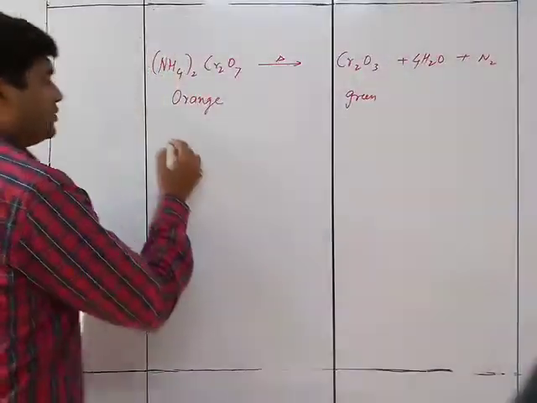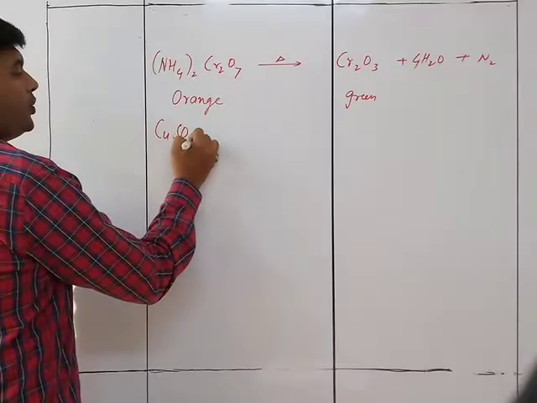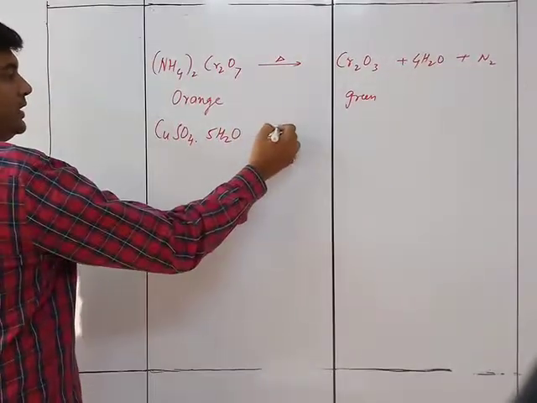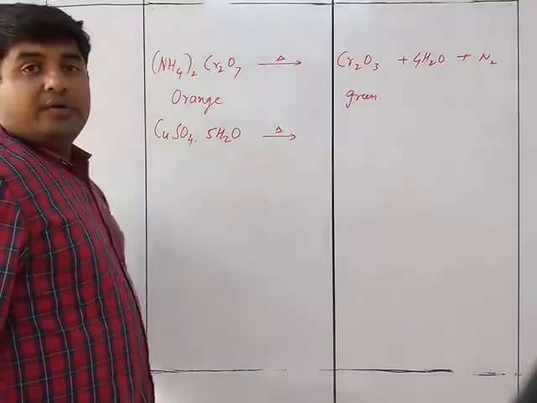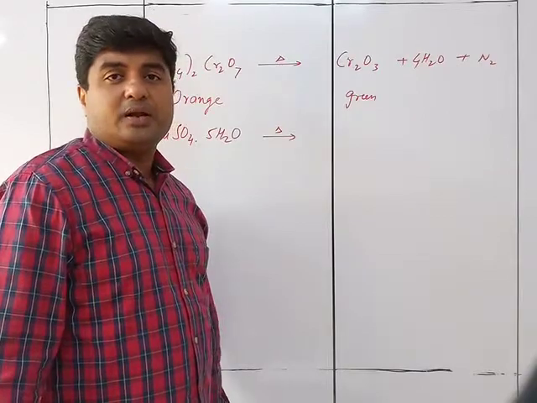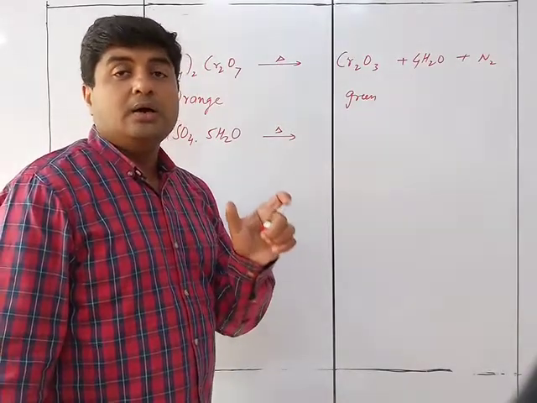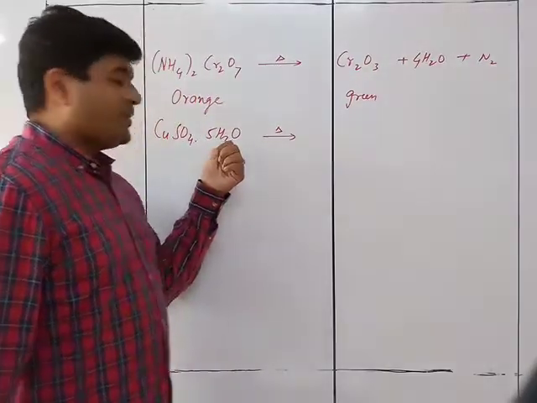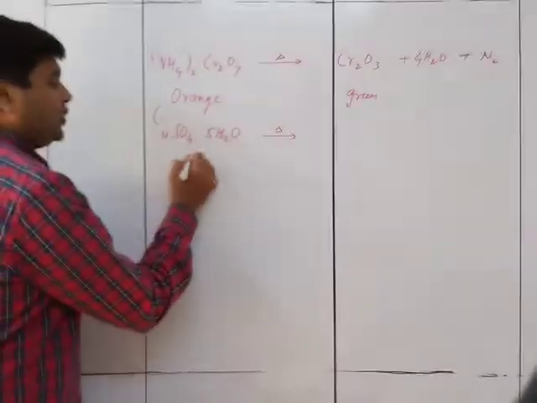Similarly, the next thing will be CuSO4.5H2O. Now you remember that this thing over here is the water of crystallization. Water of crystallization is that particular amount of water which makes a particular kind of salt into a crystalline form. This is blue in color.